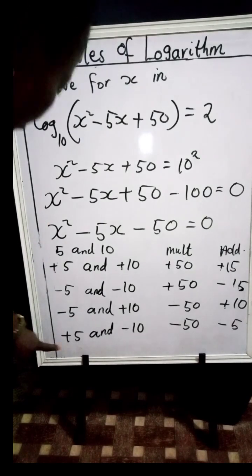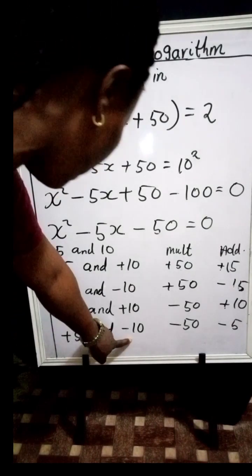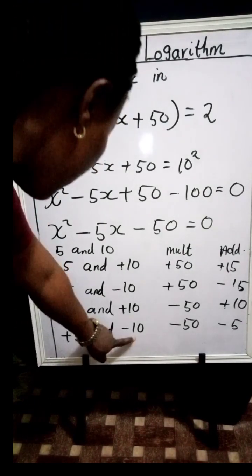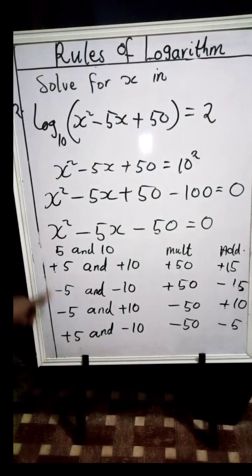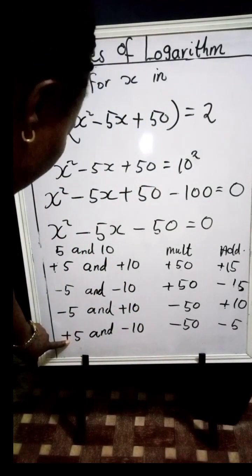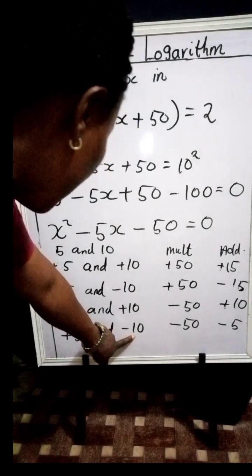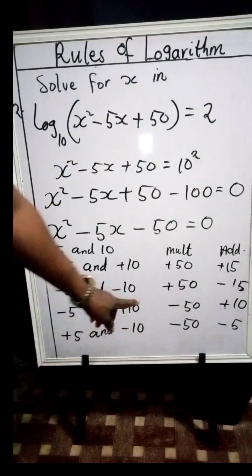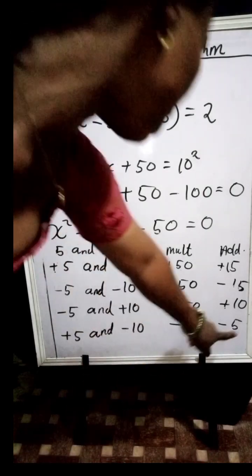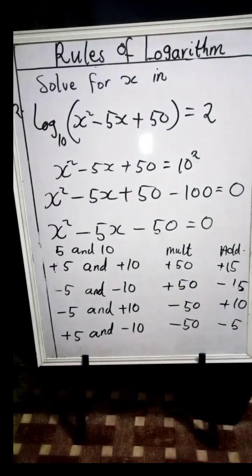Then let's consider positive 5 and negative 10. When we multiply them, we get negative 50. And when we add positive 5 and negative 10, we get negative 5. That is minus 10 plus 5.